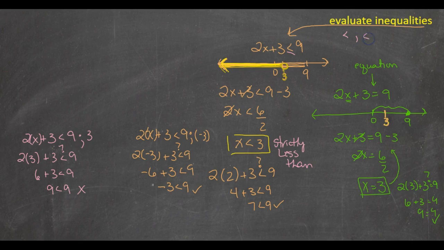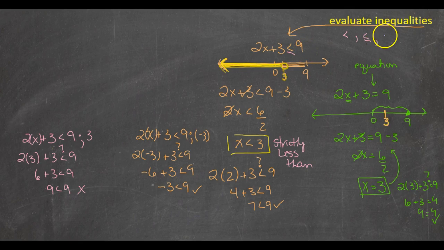The symbol less than or equal means all the numbers that are less than, and the number that's equal to as well, or the left-hand side, all the x values that make the left-hand side less than, and also the value that makes the left-hand side equal to the right-hand side.